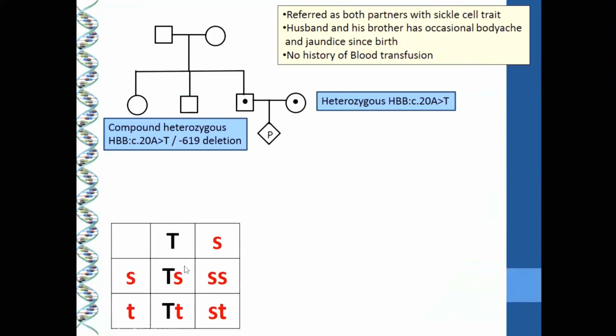So now we draw a Punnett square to know the risk of occurrence of disease in the baby. The husband is having sickle beta thalassemia, so we have drawn small s for sickle and small t for thalassemia. Now the wife is having only sickle cell trait, then capital T and small s.